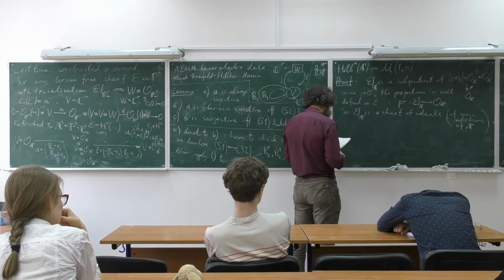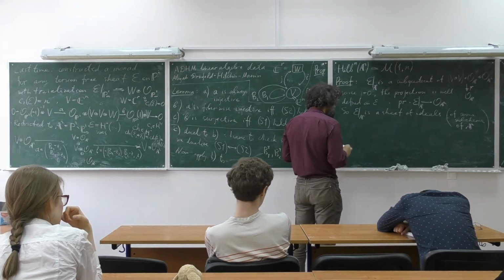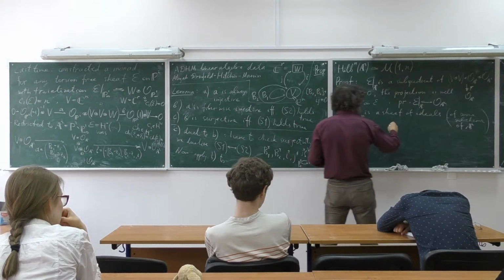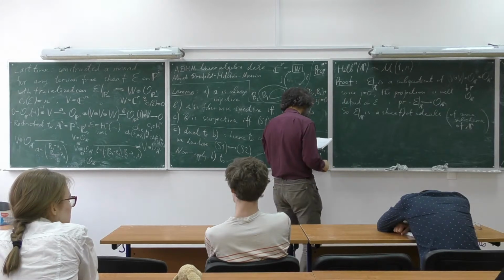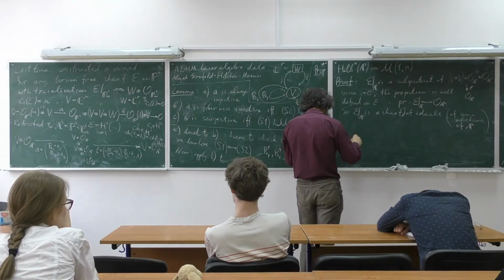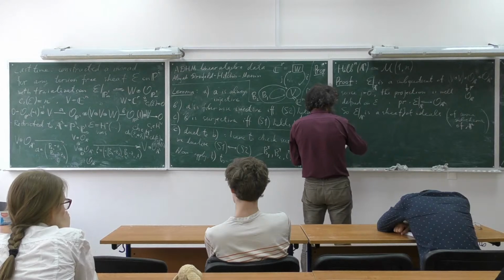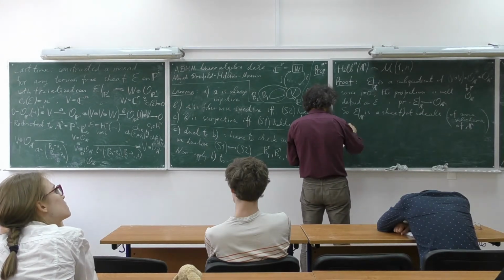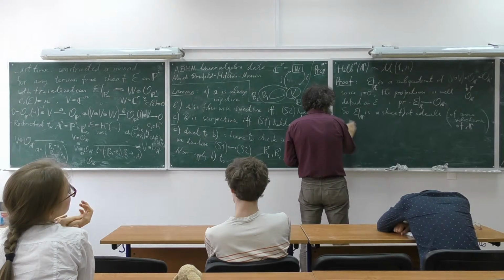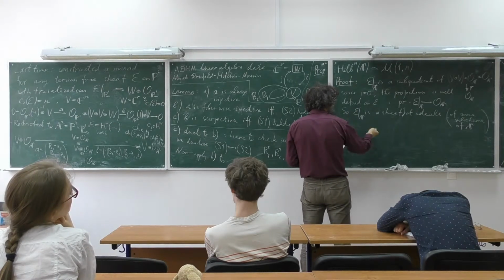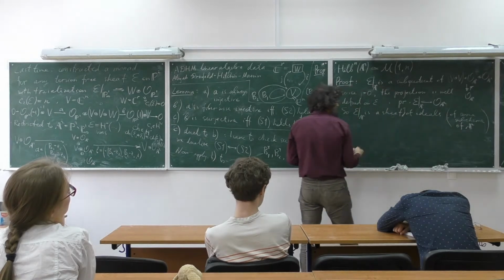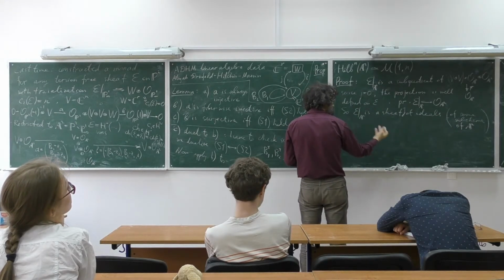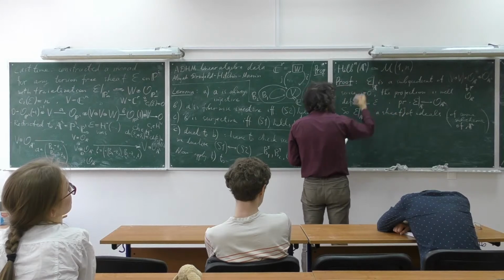And now let's denote this sheaf of ideals by J. Now let's construct these bijections. So we construct the inverse bijection from the sheaves of ideals to these guys.